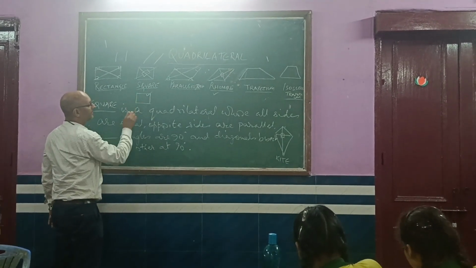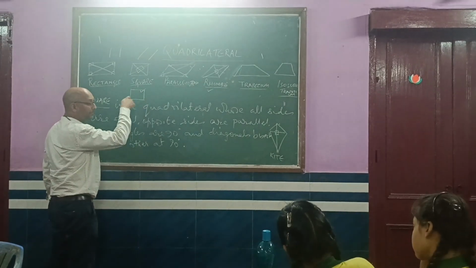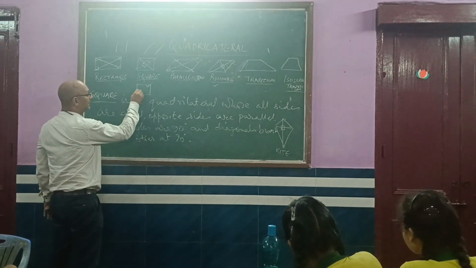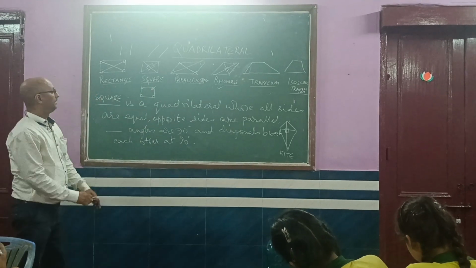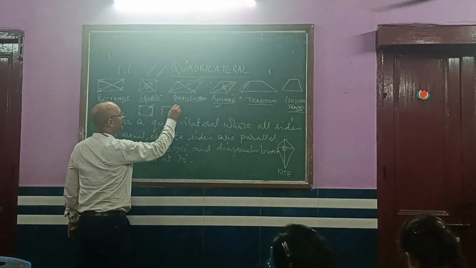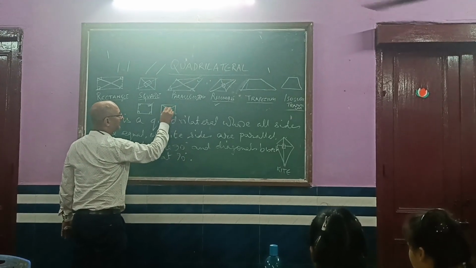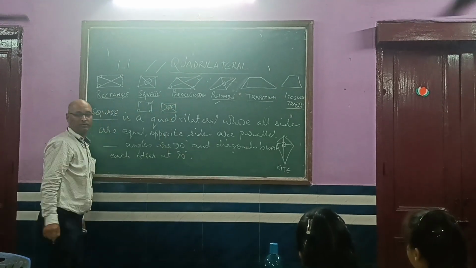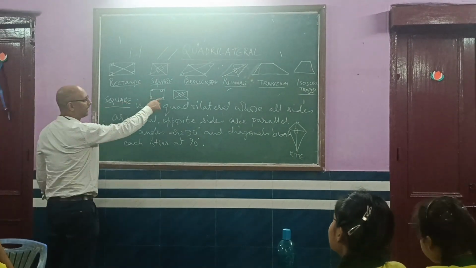Opposite sides, this side is opposite to this one, this side is opposite to this one, they are parallel. All angles are 90 degree, and diagonals bisect each other at 90 degree. They are making 90 degree on this point, at this point. Is that clear? ये हुआ स्क्वायर का कहानी.